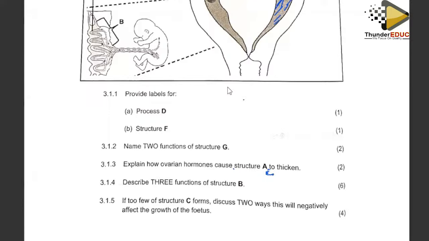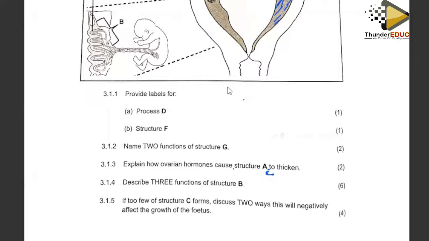So basically, you can talk about that, identify them. You can get a mark for that because they're just talking about ovarian hormones. Talk about these hormones: estrogen and progesterone. Yeah, they cause the endometrium to become more vesicular, thicker, and more glandular. You understand?